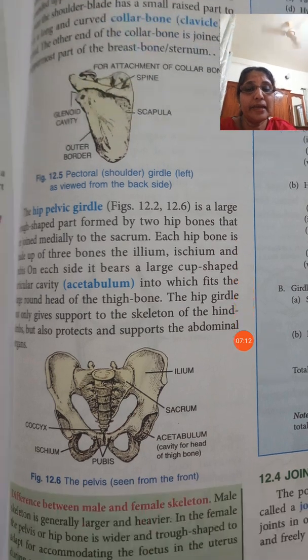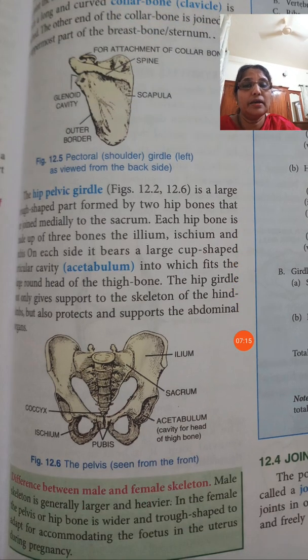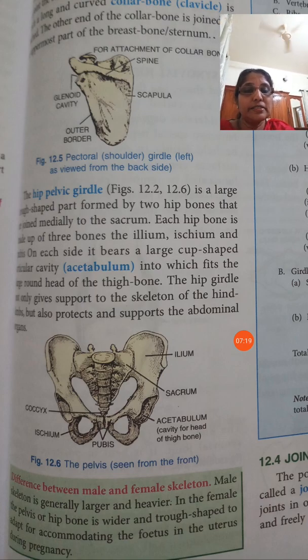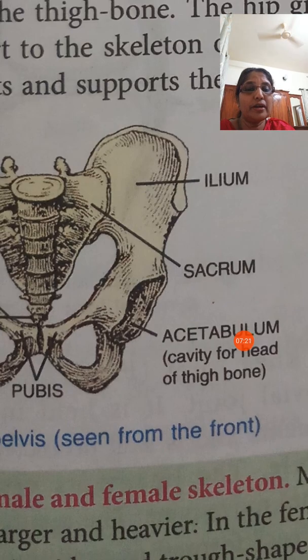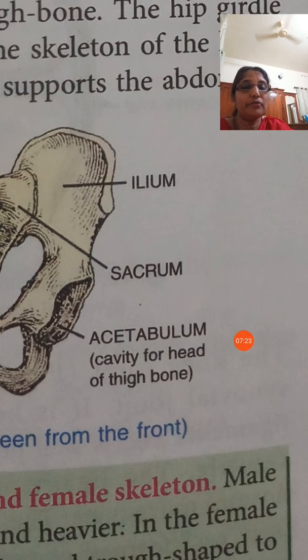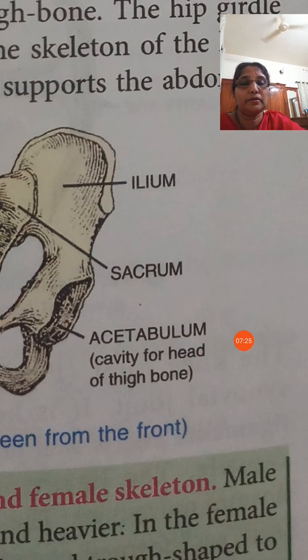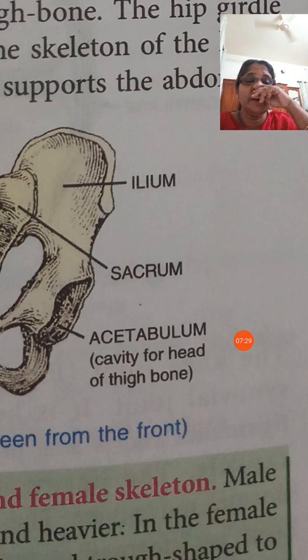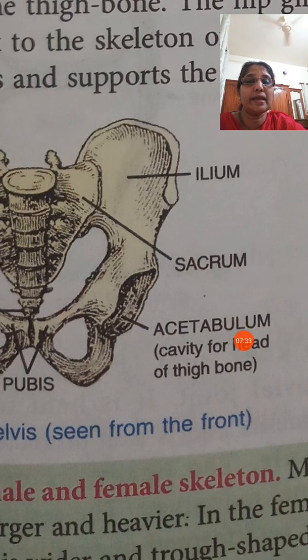Like that we can see the hip girdle, or the pelvic girdle. Here you can see the acetabulum, the cavity where the head of the thigh bone, the largest bone in the leg, is attached. Then it has the sacrum, the last part of the vertebral column.